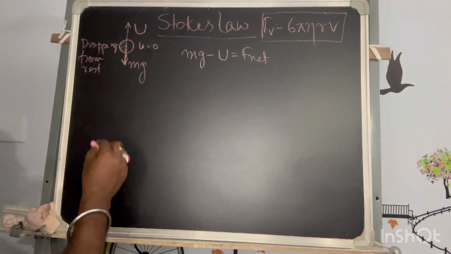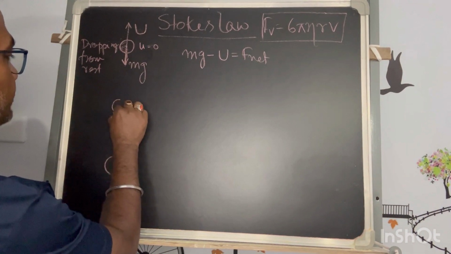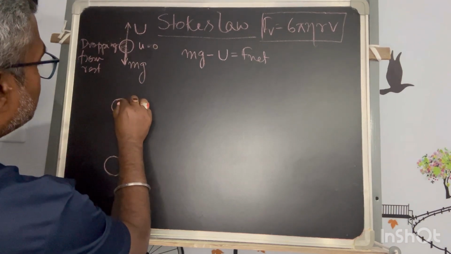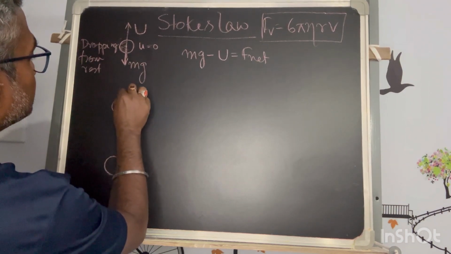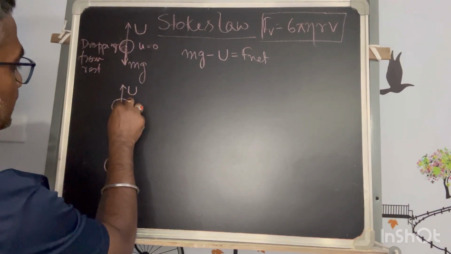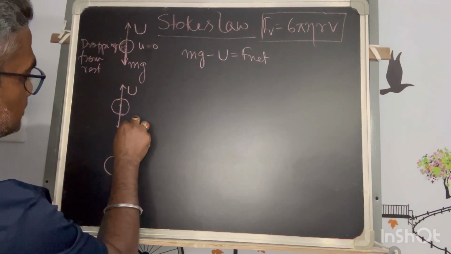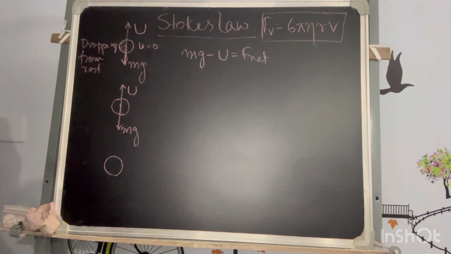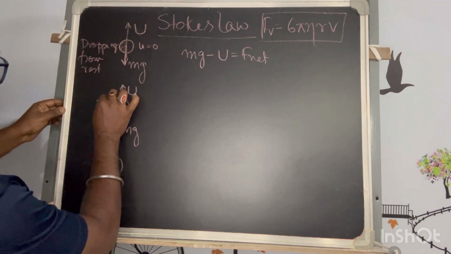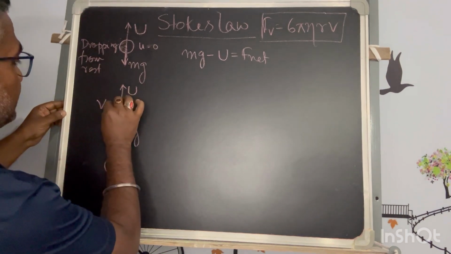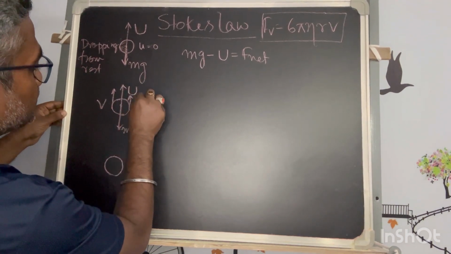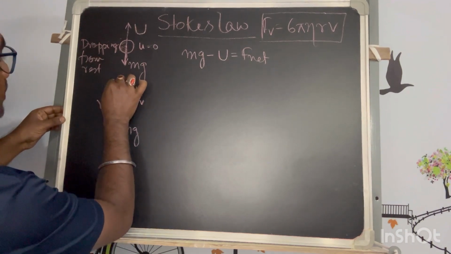Okay, so now let's say after some time it reaches some distance, there the forces that will act, upthrust won't change because it is already submerged in the air, weight also will not change, only one thing will be added to the rest case. After some time it gets some velocity v, it will get some shearing force, isn't it?